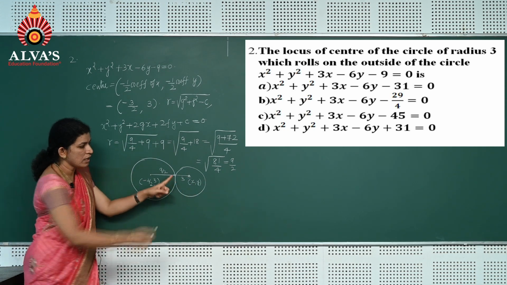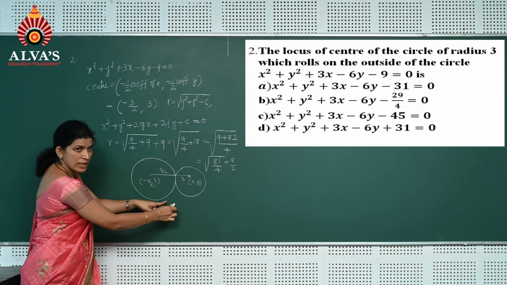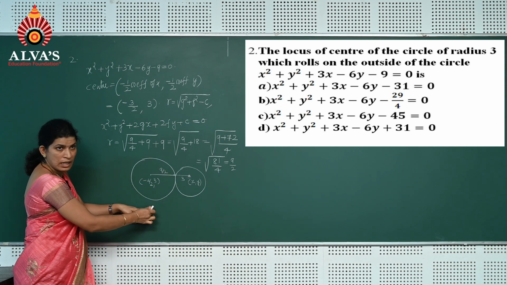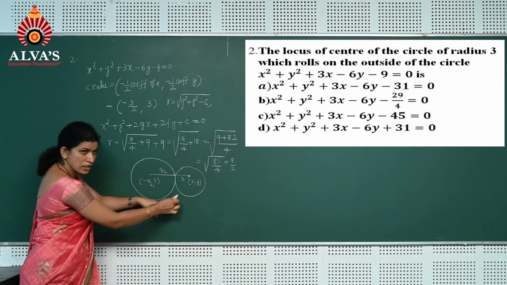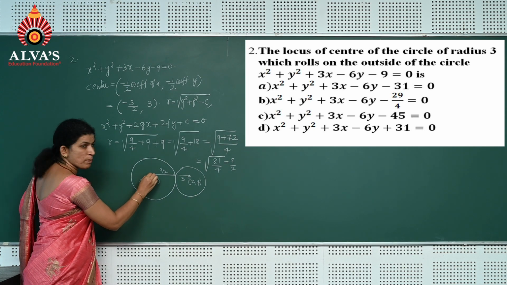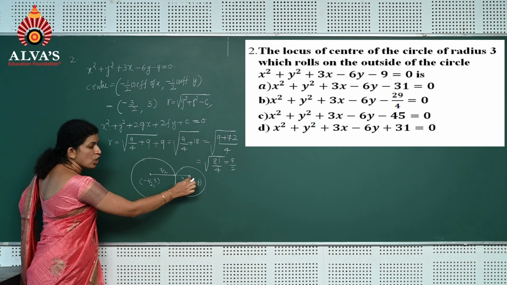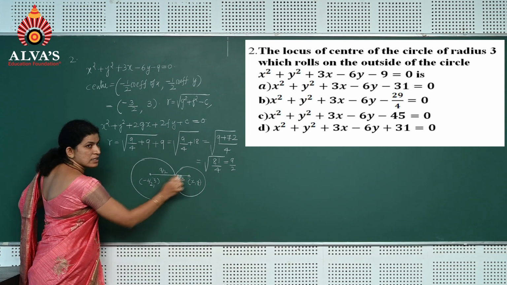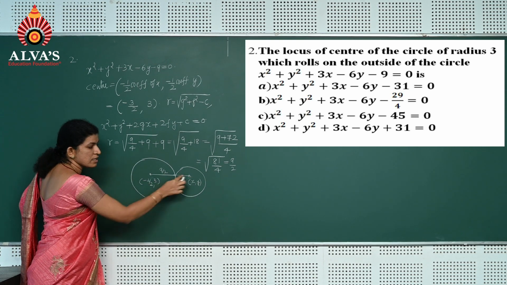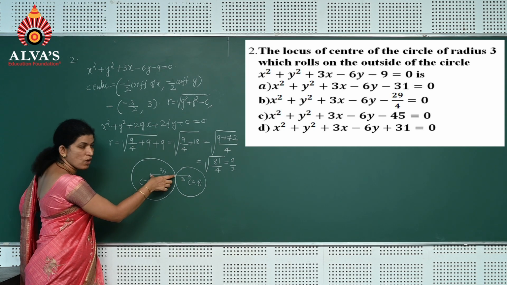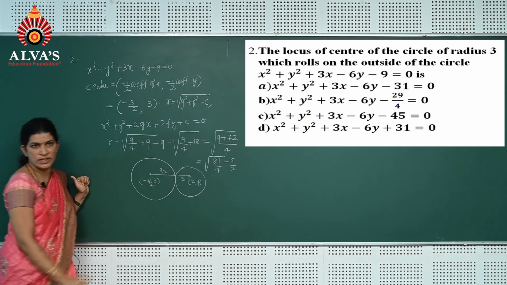See here, the circle rolls on the outside of the circle, so wherever the circle moves, the distance from the center of the given circle to this circle remains the same everywhere. That distance is nothing but the radius of this circle plus the radius of this circle.